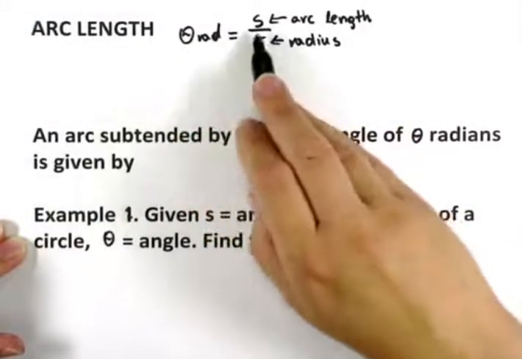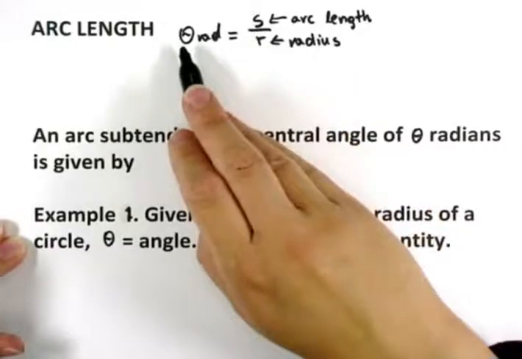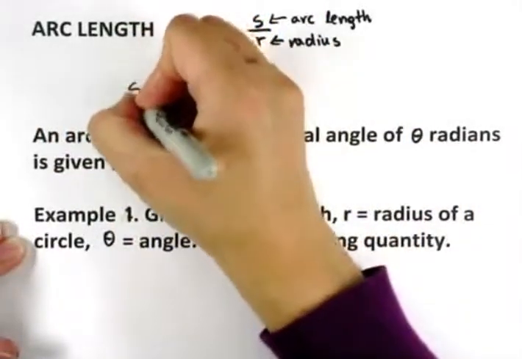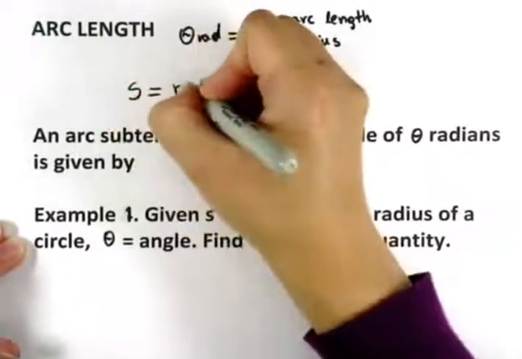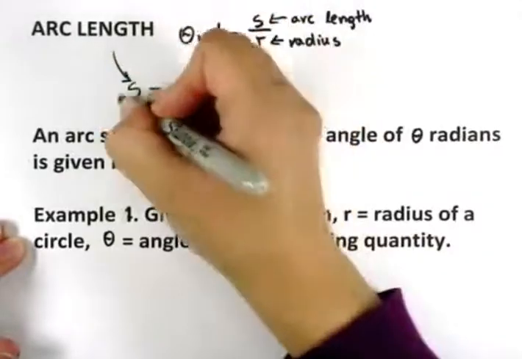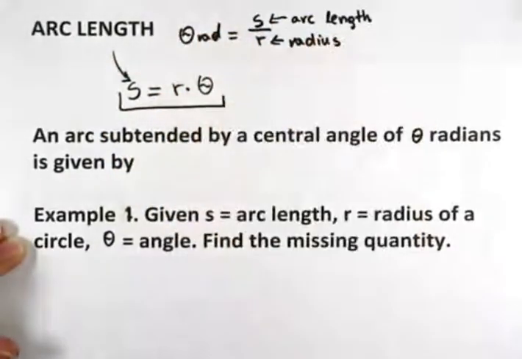So my arc length is r times theta. This is the arc length formula, r times theta.